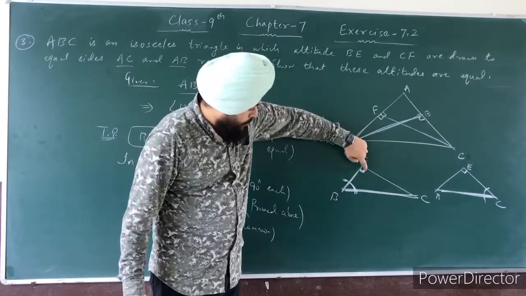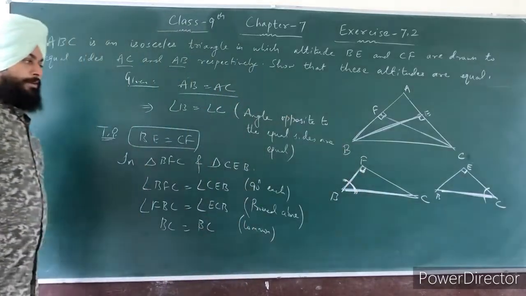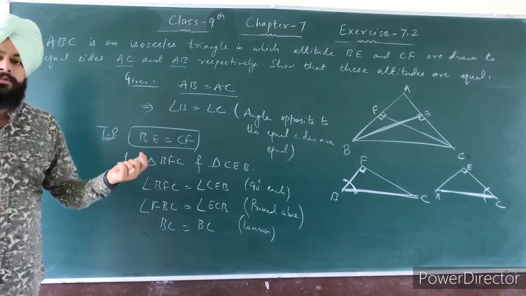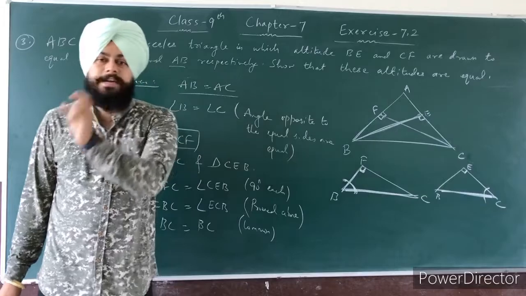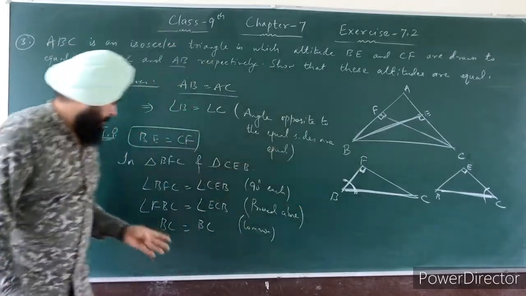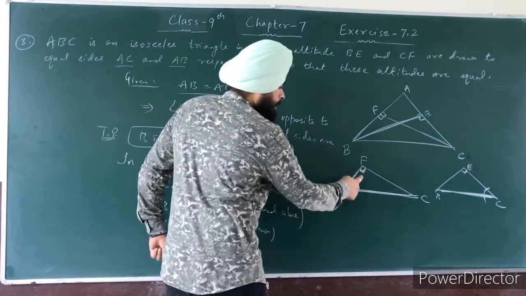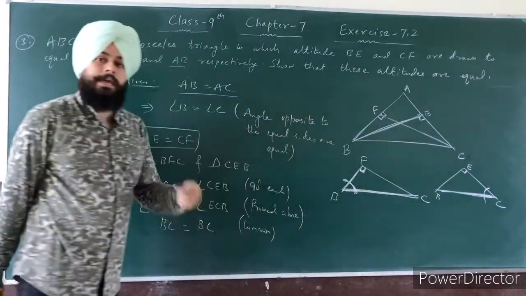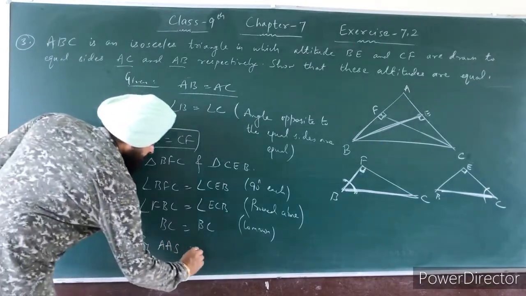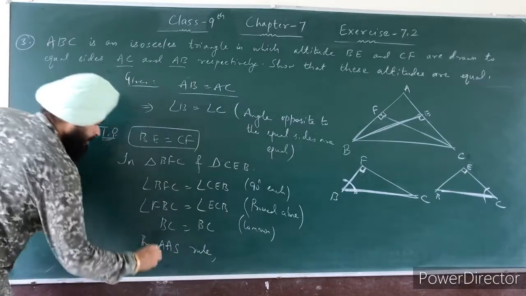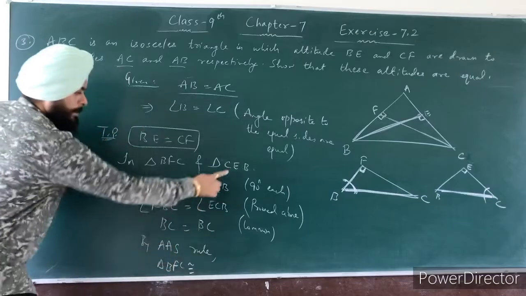So we cannot write RHS, because the RHS rule requires one right angle, one hypotenuse and one side, but here in this question you take two angles. So you can write here angle-angle-side, by AAS congruence rule, triangle BFC is congruent to triangle CEB.